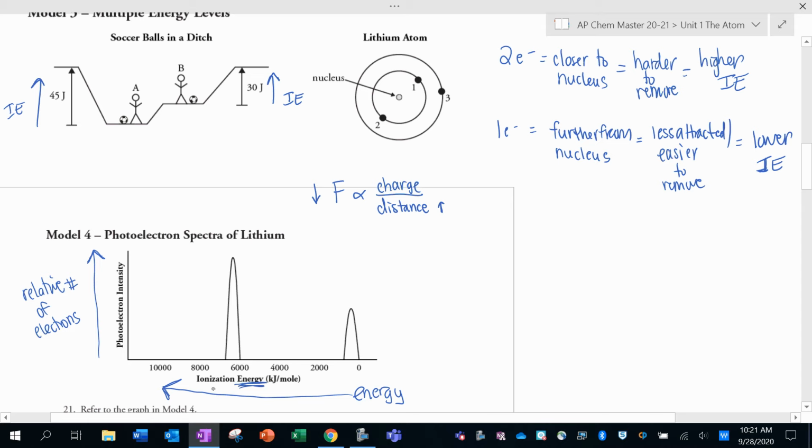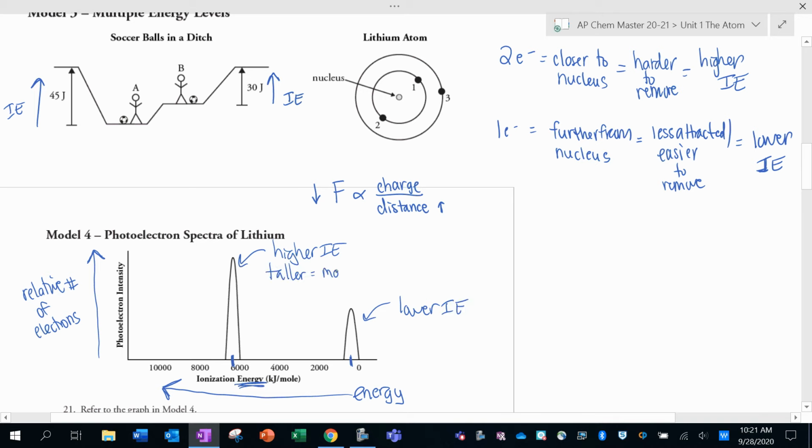What you will notice, a connection here between the structure and this graph, is that this peak over here looks like it's around 6,000-ish. This peak's maybe around 500-ish. So this is our higher ionization energy peak. This peak represents a lower ionization energy. Notice how this peak is taller.